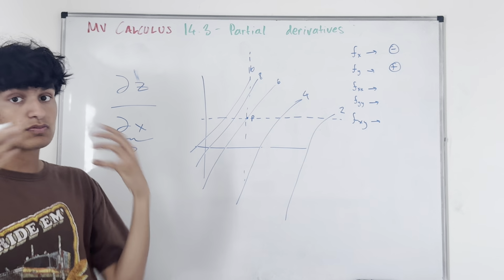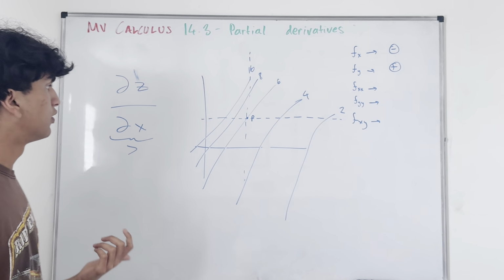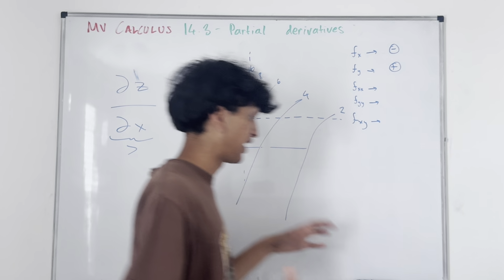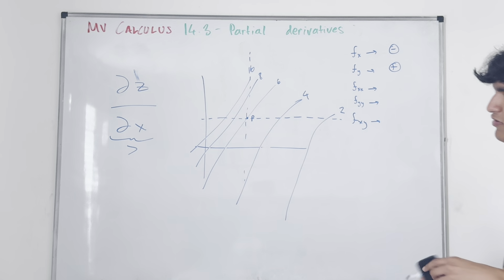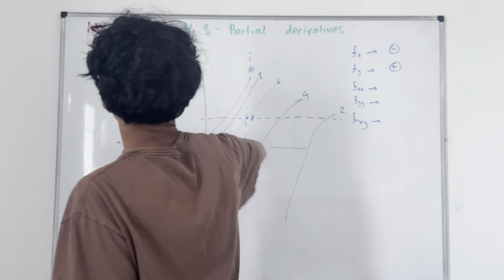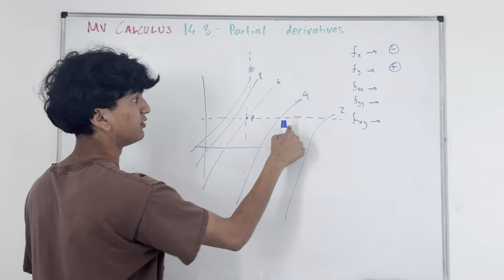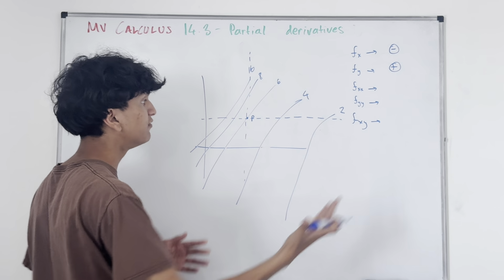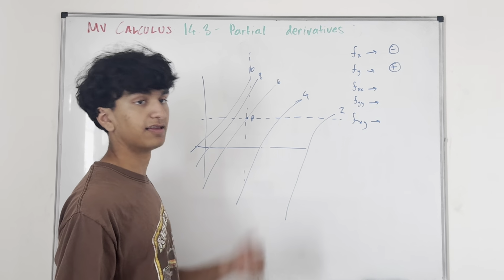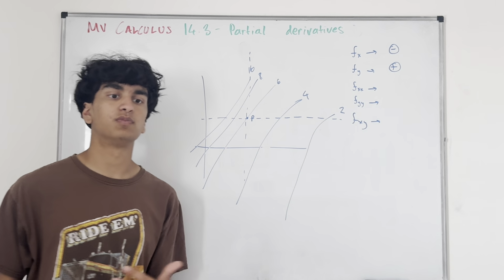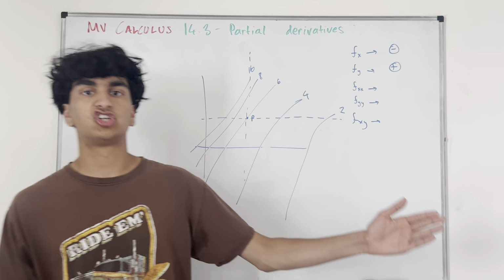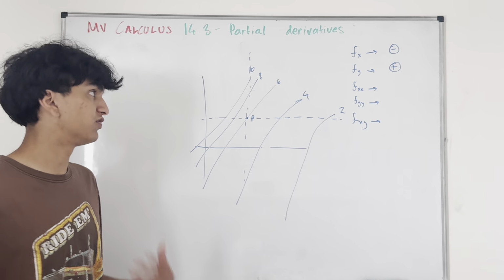So that would be a smaller partial derivative with respect to x. So as I go along the x-axis, my z values change less and less. The spacing gets bigger, so the derivative is getting smaller.